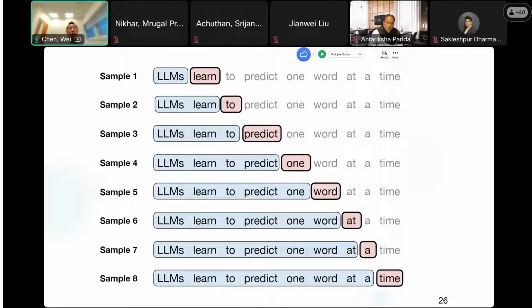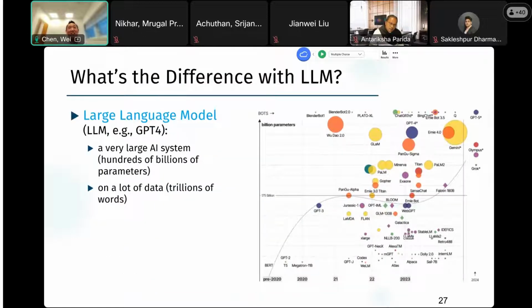This semi-supervised learning has been around for maybe 10 years now. The mechanism has been out there for quite a long time, even before the transformer architecture. So what's the difference? The difference here is really the size.